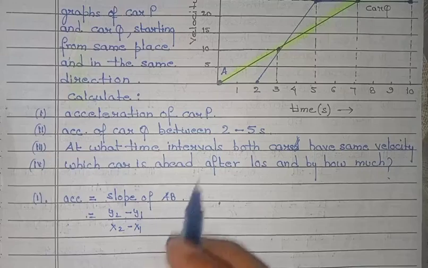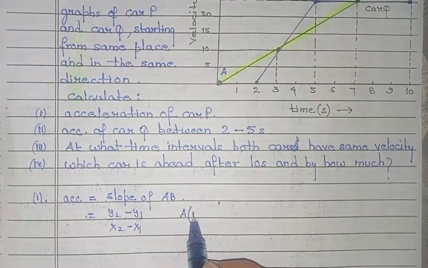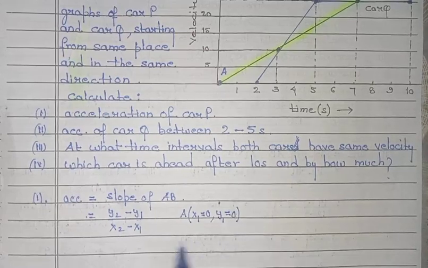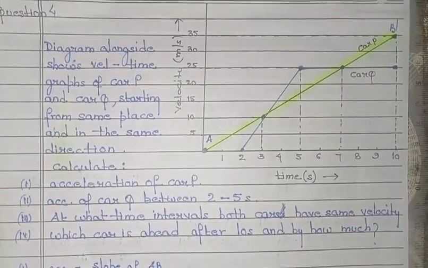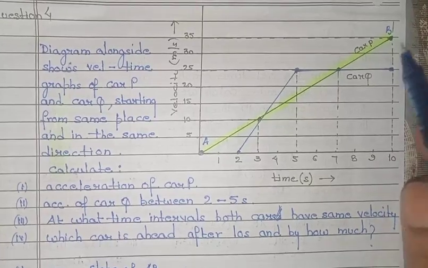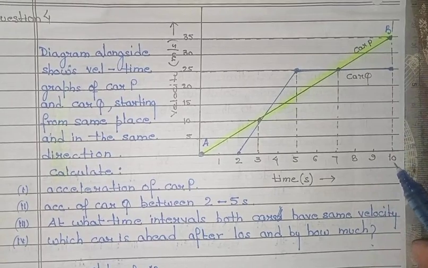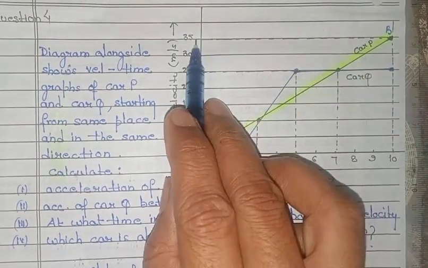Now we will consider the first point A. As you can see, point A is on the origin, so x1 and y1 both will be 0. Okay, the second point B, as you can see in the graph, at this point value of x is 10 and value of y is 35.